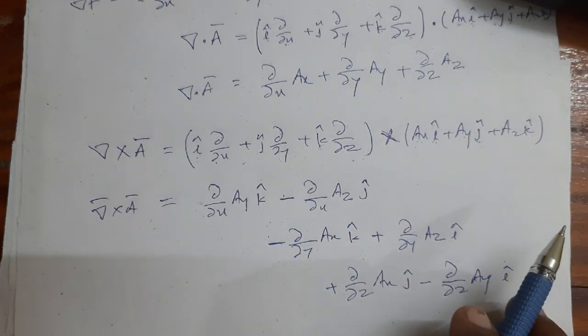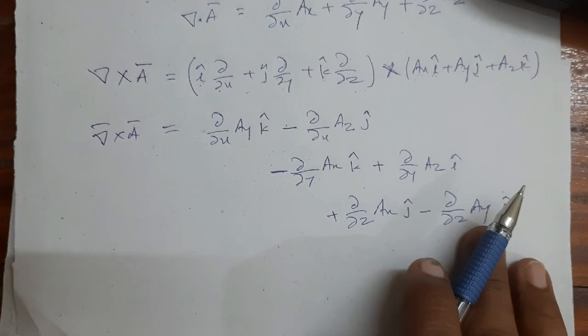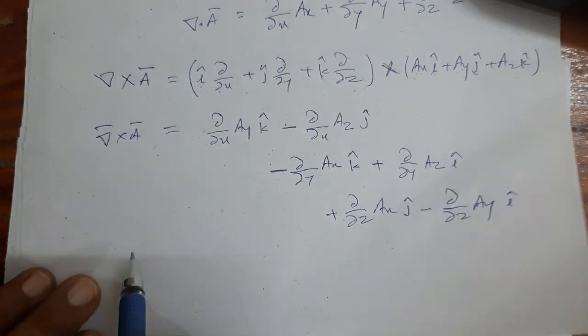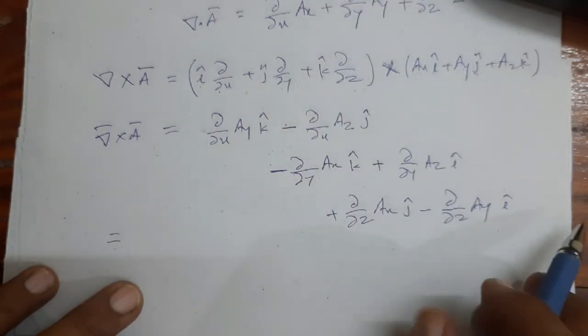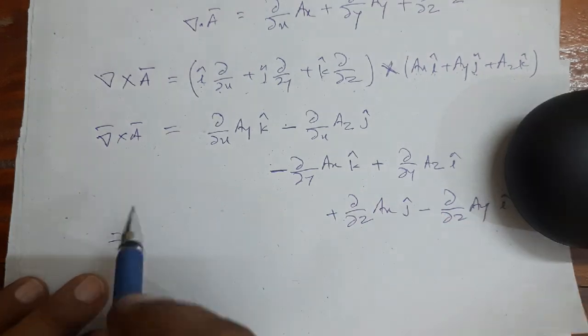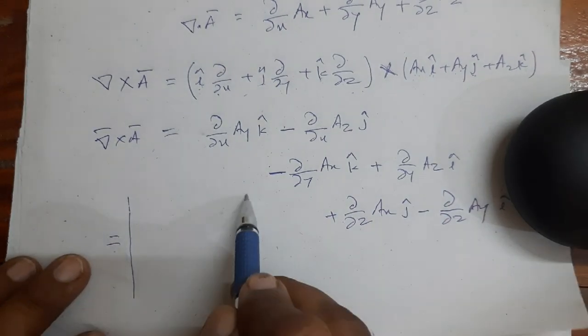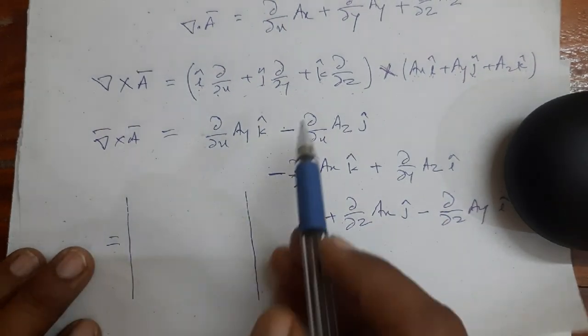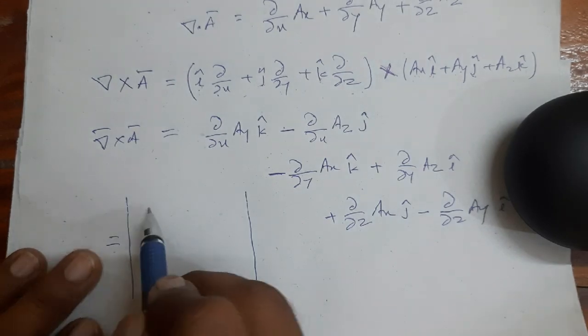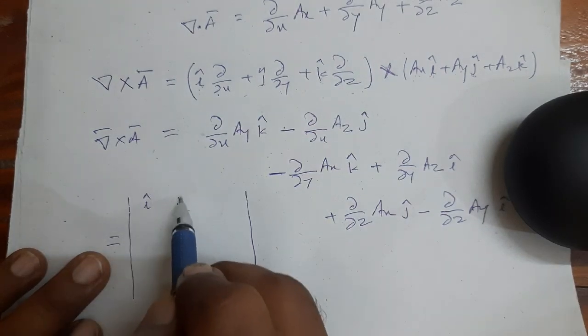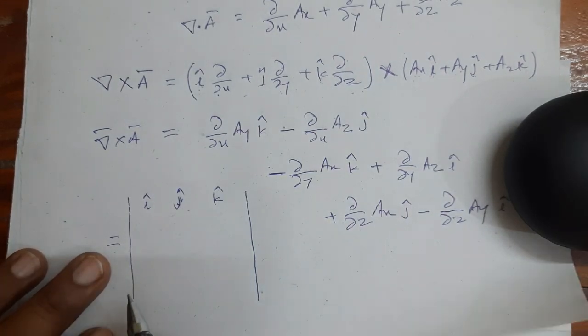But if we observe this equation, then this equation can be arranged in the form of a determinant, correct? Therefore I can write it something like the cross product of a bar and b bar. Here I will have to write i cap, j cap, and k cap.